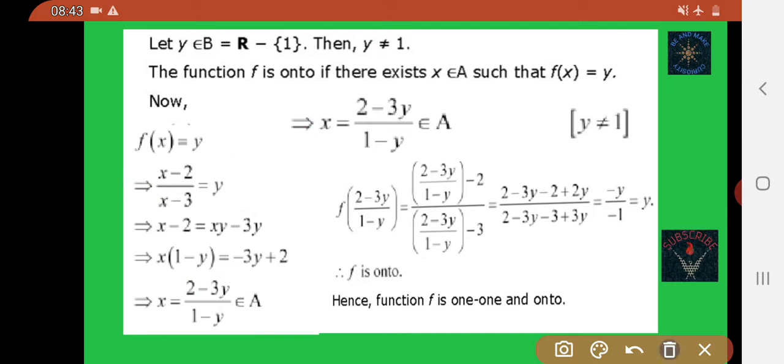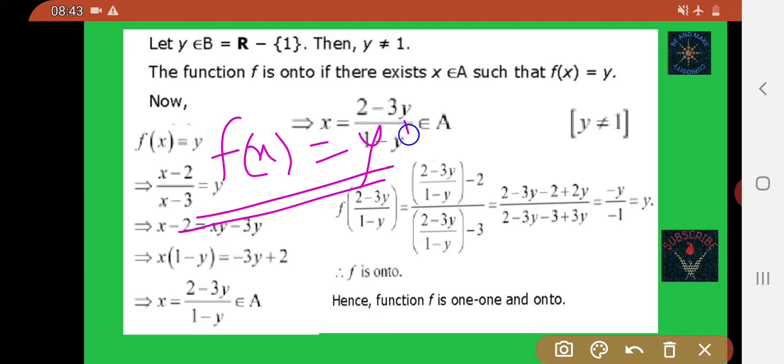Now if this function f of x is equal to y, if we have that, then this function is an onto function.